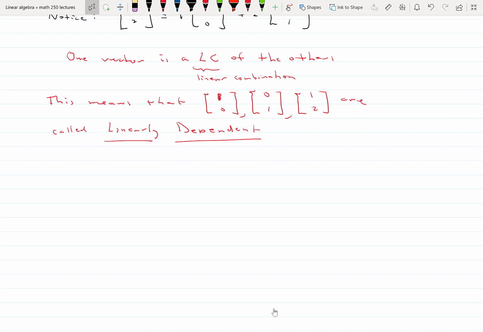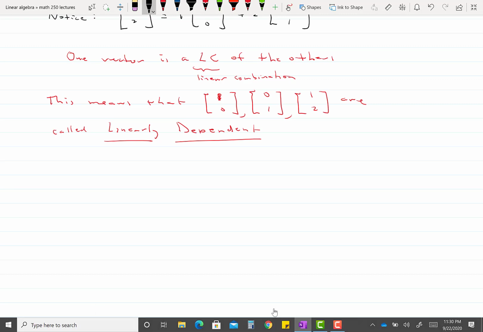But the strict definition of linear dependence doesn't say that a set of vectors is linearly dependent if one of the vectors can be written as a linear combination of the others. We're going to see that what I just said is a consequence of the definition of linear dependence. If you're at all confused, don't worry about it. We're just scratching the surface here.